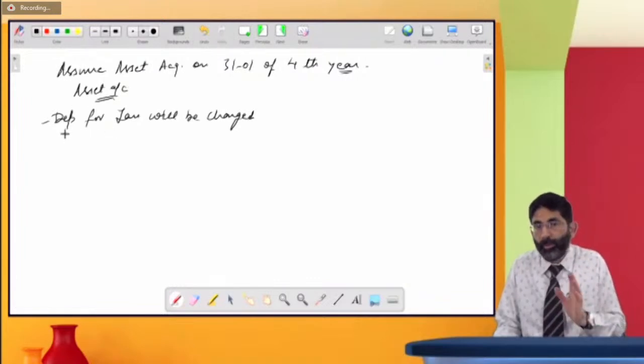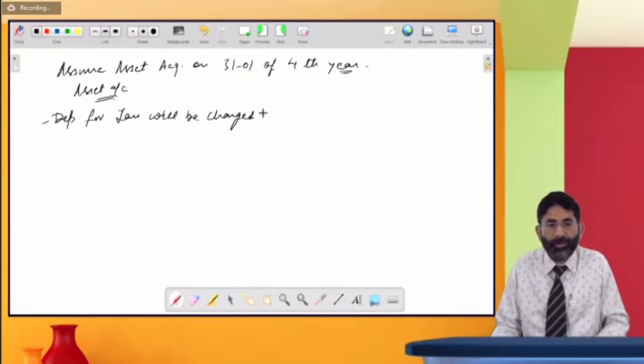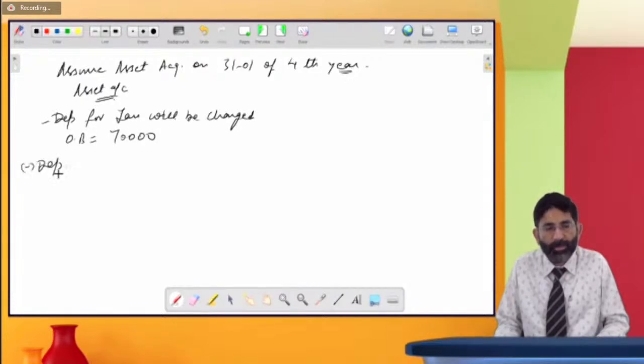This is a very good point. Depreciation for January will be charged. On which value? Obviously, opening balance for fourth year is 70,000 minus depreciation for 1 month. It will be 1 lakh into 10% into 1 by 12. How much is it?